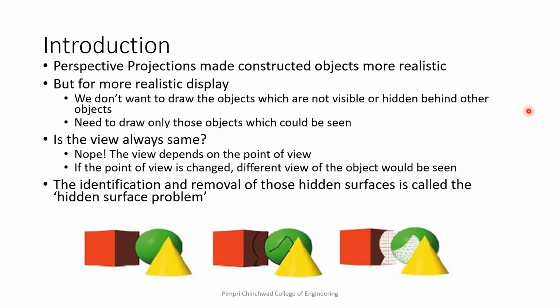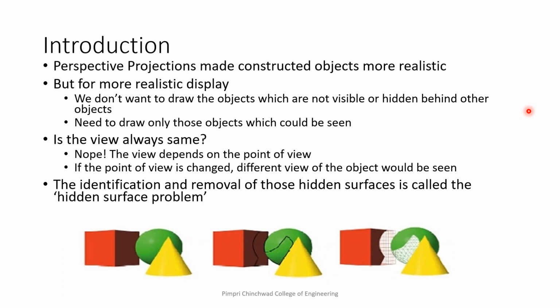But for a real life scene, one scene will consist of multiple objects. Now, among these multiple objects, some objects will be fully visible, some objects will be partially visible, or totally invisible if they are hidden behind some other objects.